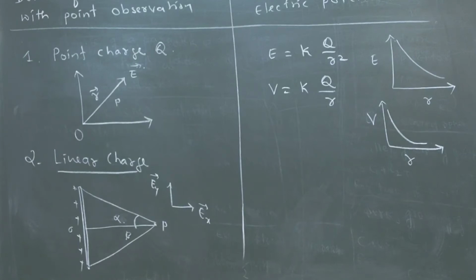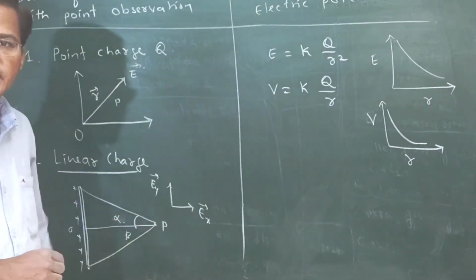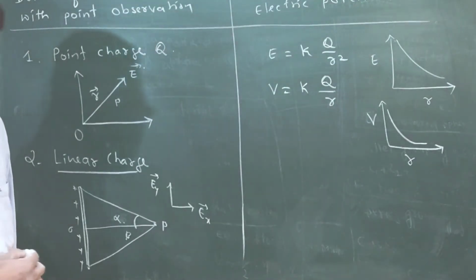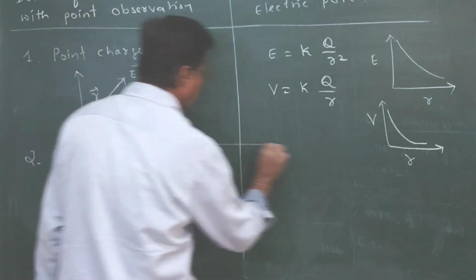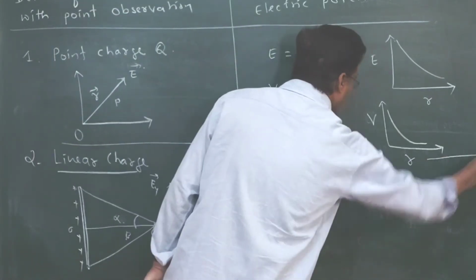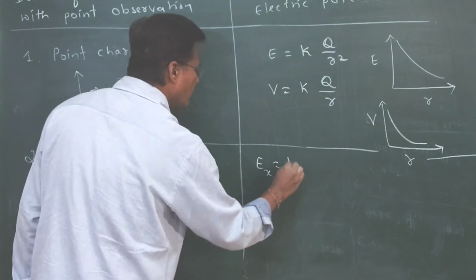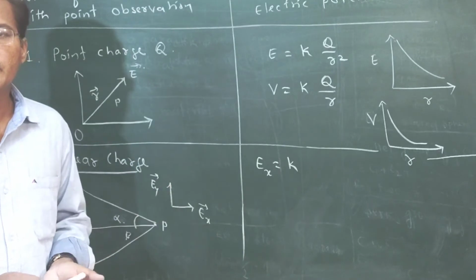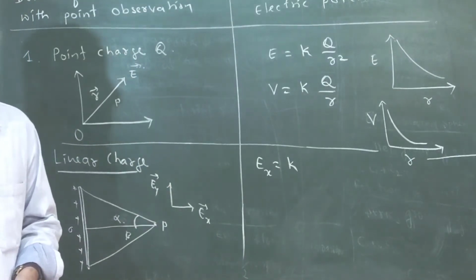So then how to get the equation? Because electric field is a vector quantity, that's why we are taking two directions. First we are going to see the electric field along x direction. So this is Ex equal to K. As we know, K means 1 divided by 4 pi epsilon naught.